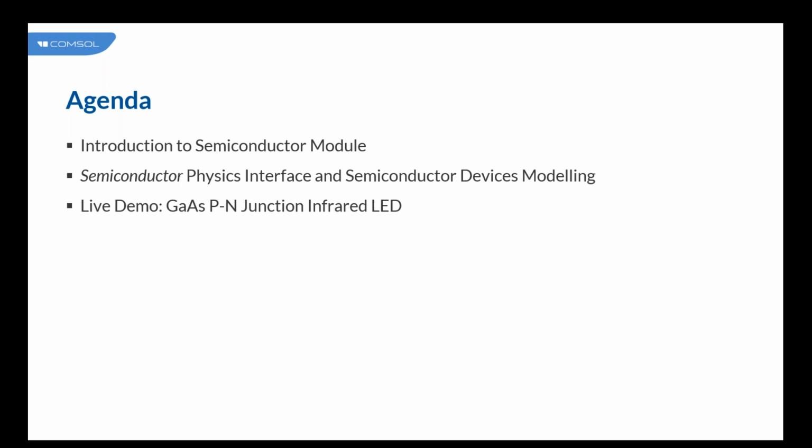And we're going to bring up some semiconductor device examples we have in our libraries. And in the end, I'm going to give a live demo to demonstrate how to simulate a gallium arsenide PN junction infrared LED. You will see from scratch how to set up the geometry, conditions, and obtain the results.